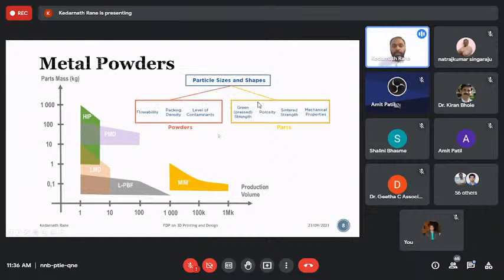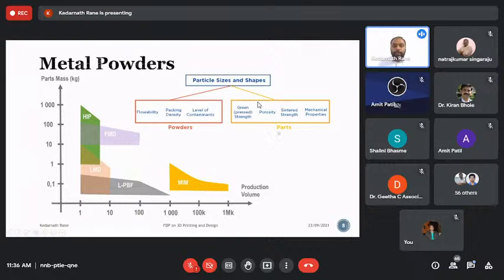When it comes to the powder particle size, we require very good flowability of the powder, because the material is deposited in the cavities by virtue of polymers. Flowability in terms of the shape of the powder, the packing density during the sintering, and the level of contamination are important factors to cover.